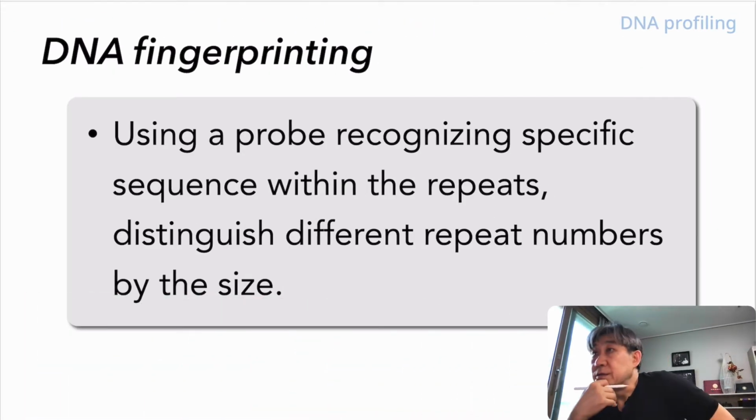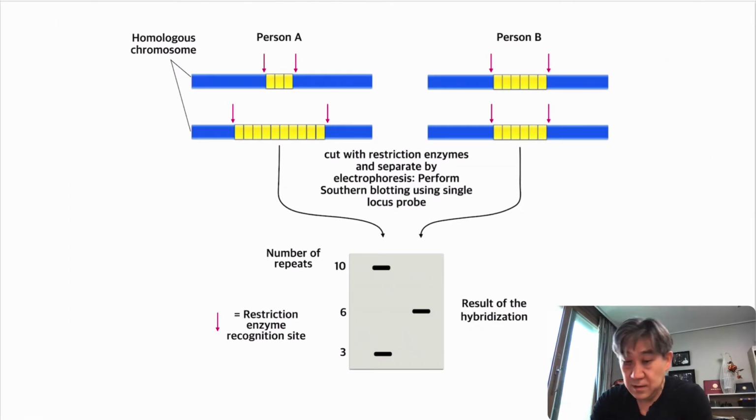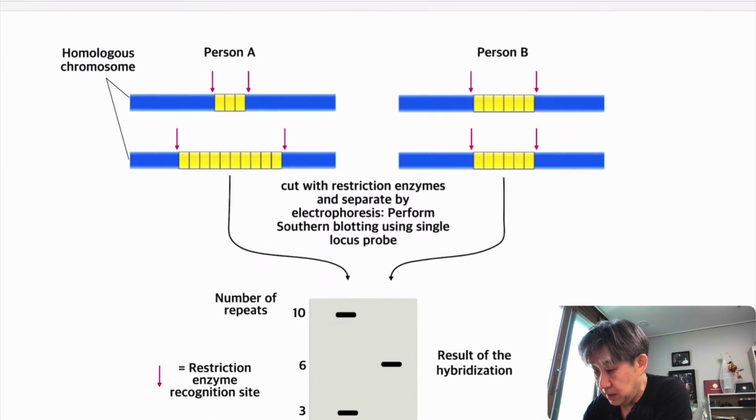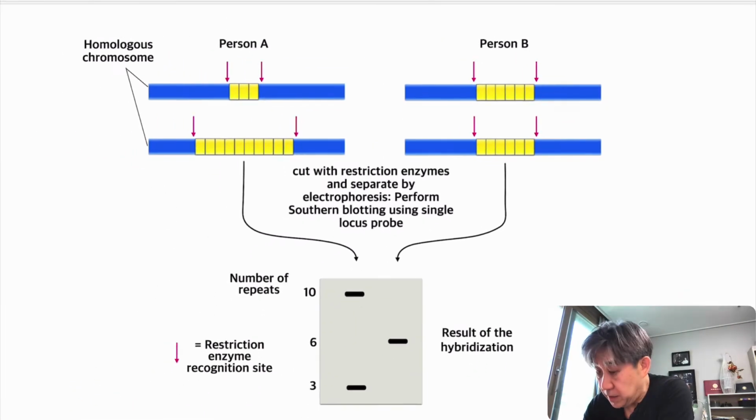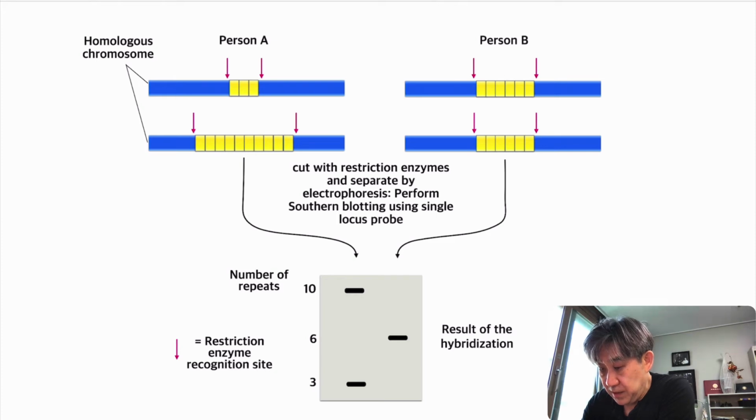So in a sentence, what you can say is that using a probe that recognizes a specific sequence within the repeats, you can distinguish the different repeat numbers by the size. Like in person A, once again, is one such imaginary repeat. Let's say this is one example of a VNTR.